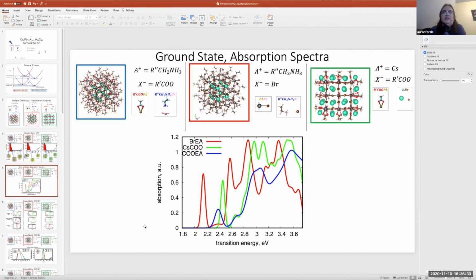I guess the curious thing when I first made this plot was that there seems to be a wide variance for the absorption onset. So you can see that this red curve, which is the ammonium bromide, has a band gap of like 2.1 eV, whereas the models that have oleates on the surface have band gaps of like 2.4, 2.5 eV.